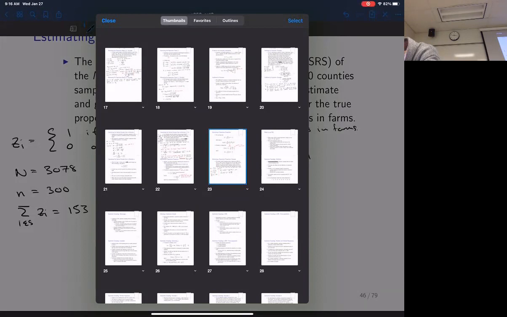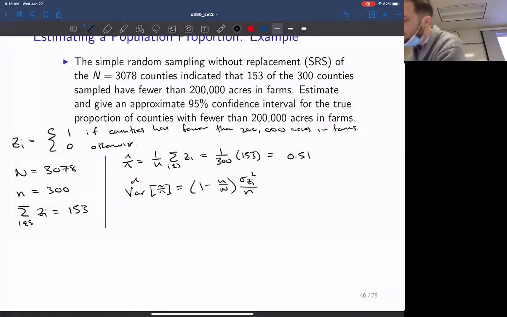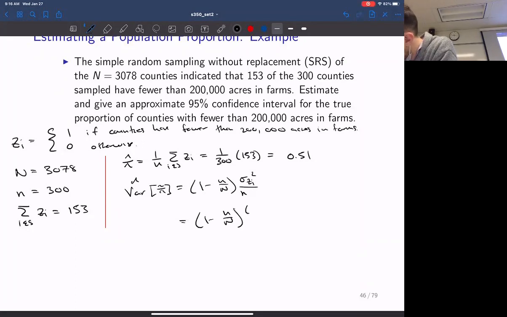No, this isn't correct. So it's this over n, and then this thing becomes 1 minus little n over capital N, pi i times 1 minus pi i, divided by n minus 1.